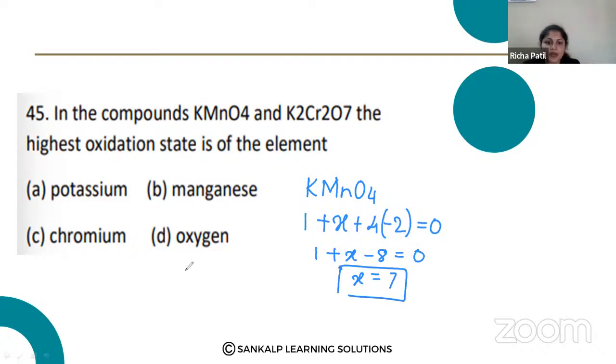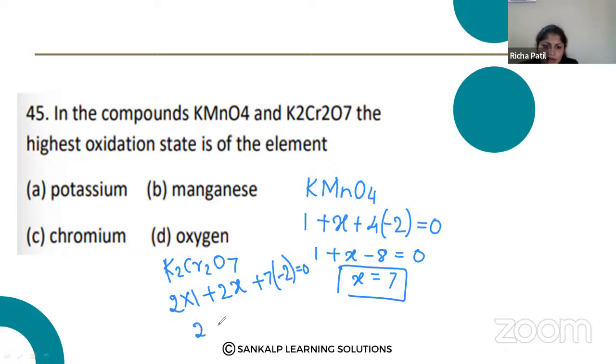Then next is K2Cr2O7. Each potassium is 1, and there are 2, so 2 into 1, plus how many chromium atoms? 2 are there. Plus how many oxygen atoms? 7 are there. Each oxygen atom is -2.